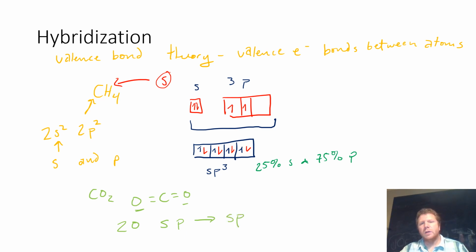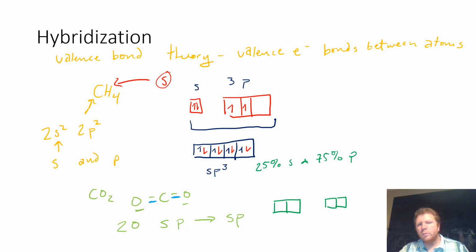Okay, so that sp hybrid orbital is going to be our groundwork to make our first bond. What that means is that we've got 2 sp hybrid orbitals and then 2 p orbitals.